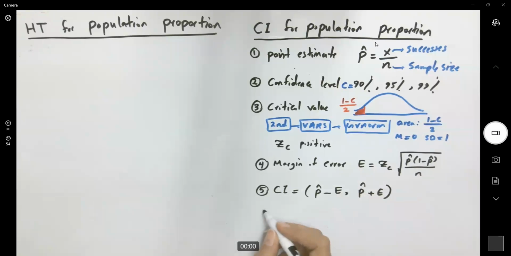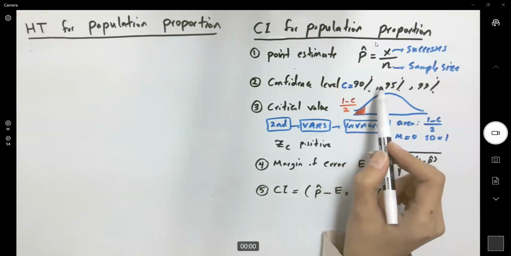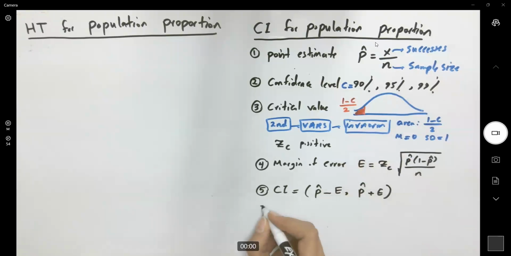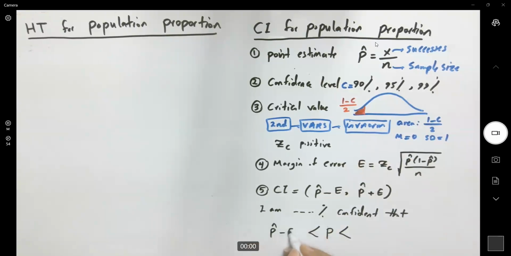You're going to say, I am C percent, 90%, 95%, 99%, confident that the population proportion p is within p hat minus E and p hat plus E. This is the conclusion that you need to write at the end of your report.